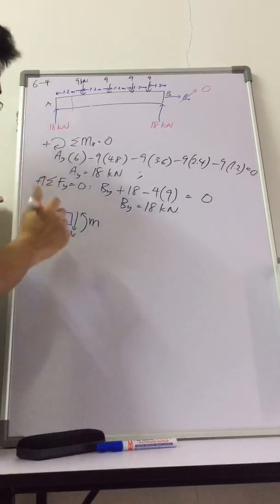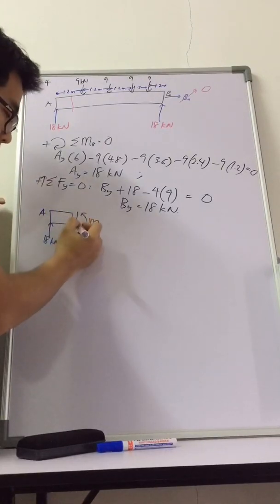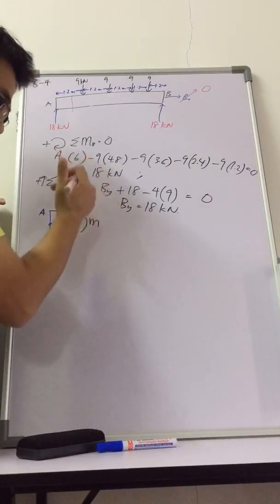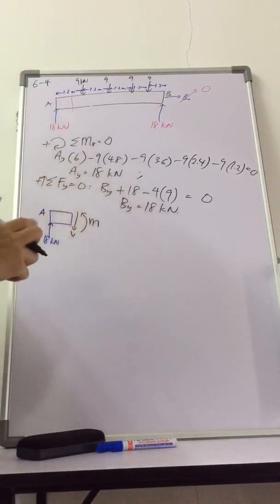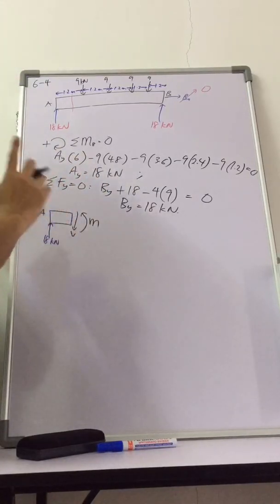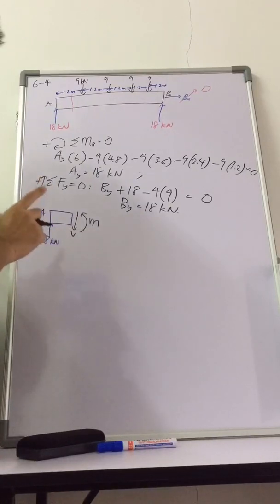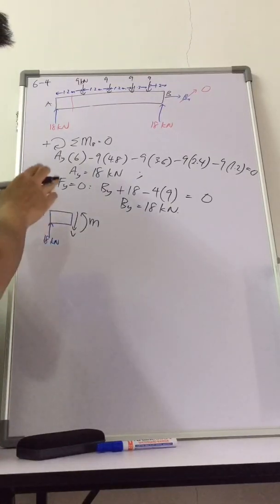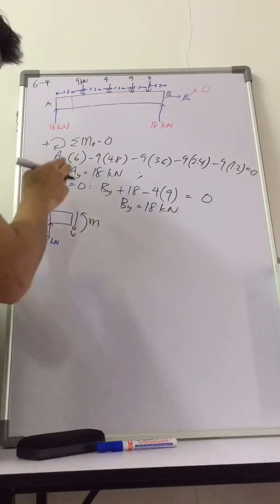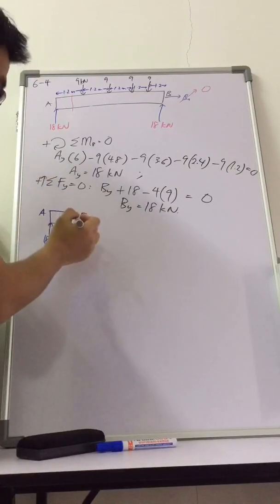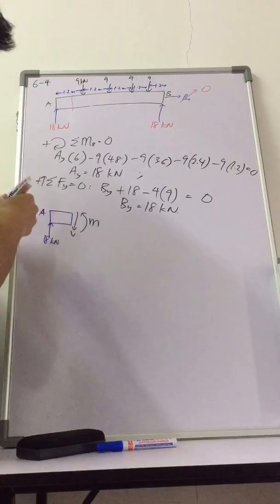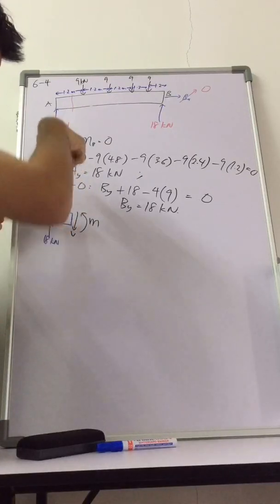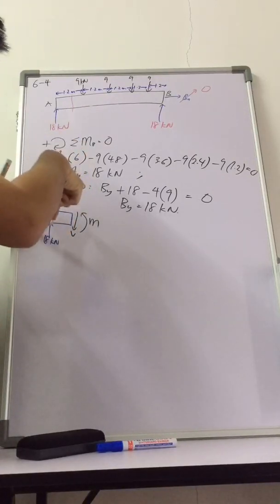Why is the direction like this? Shear force going down and bending moment going like that, pointing outwards from the surface. Because you remember the positive sign convention for the beam. If you cut and take the left part, the positive V will tend to rotate this beam clockwise, right?